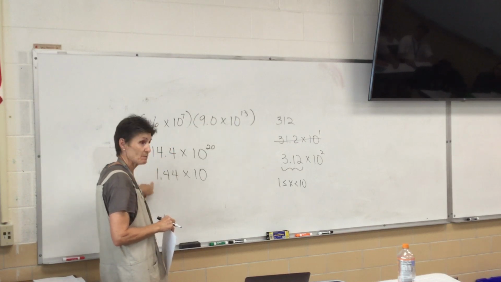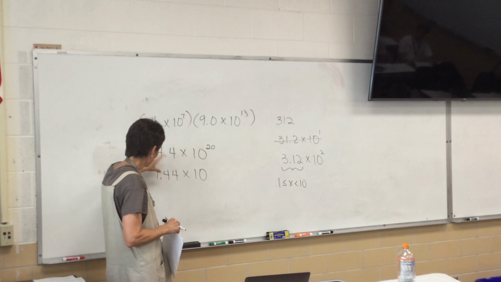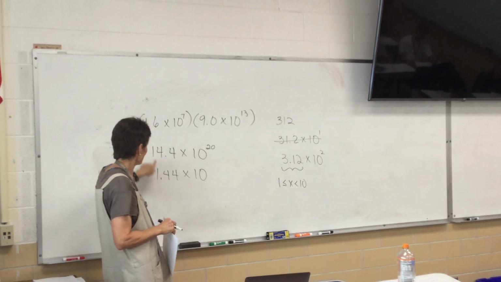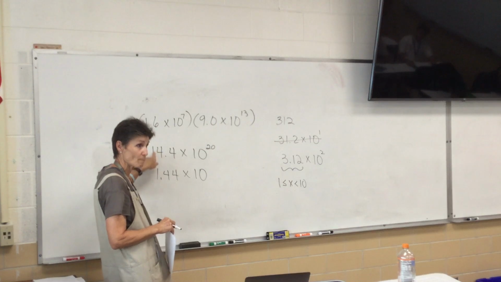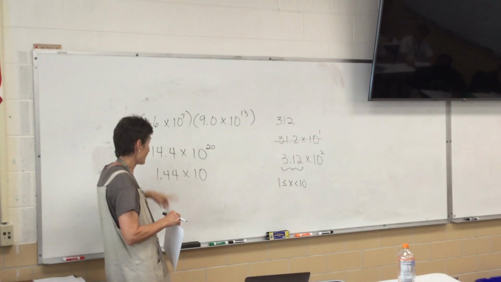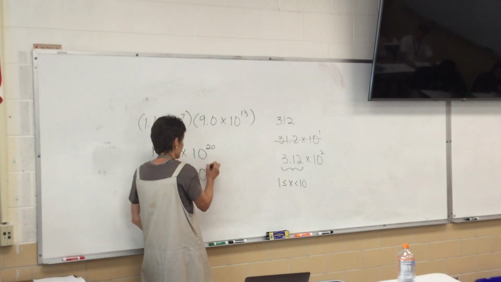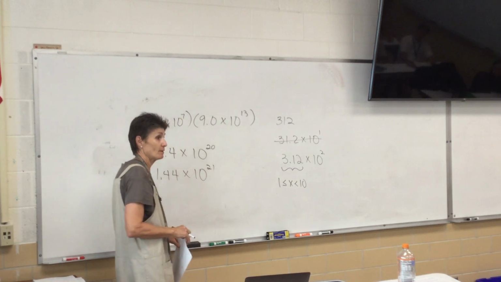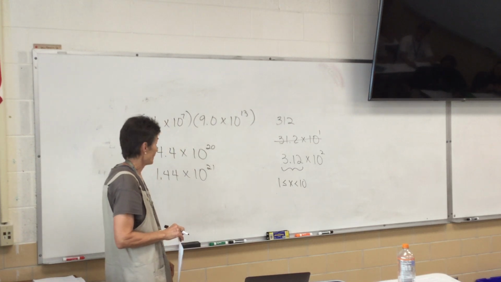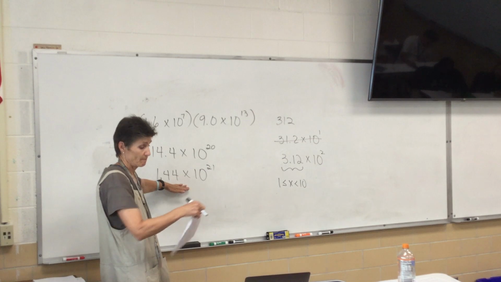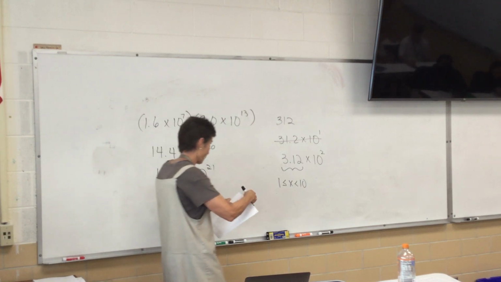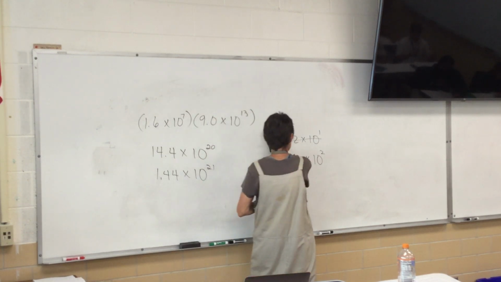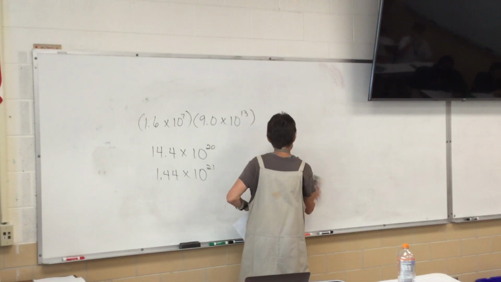These two numbers have to be the same. If you made the first half smaller, you went from 14 down to 1, so you made that smaller, what are you going to have to do to your exponent to keep it balanced out? Make it bigger. Yeah. So there is your final answer. Now we can do exactly the same thing with division.